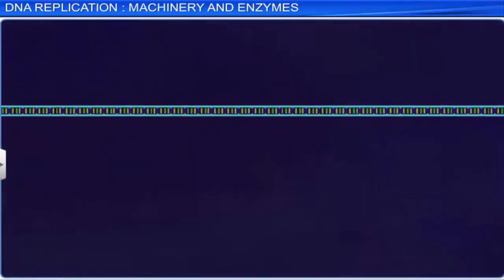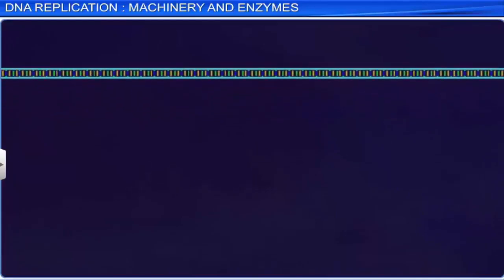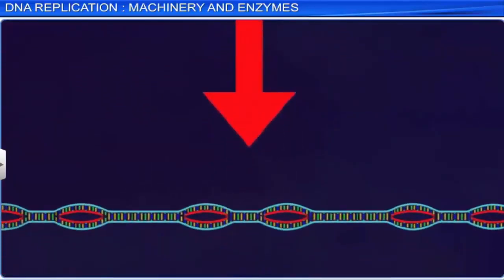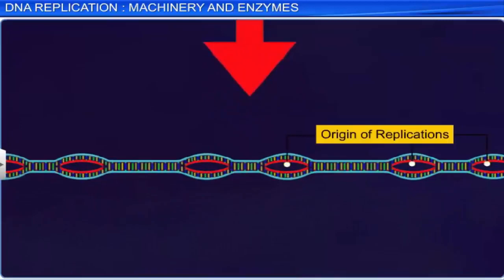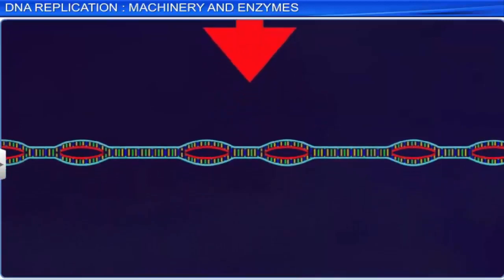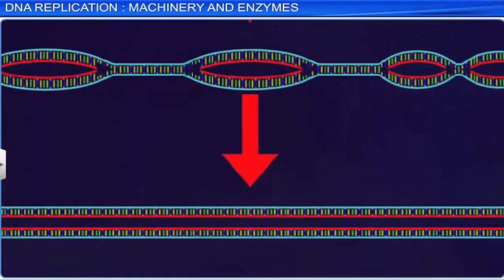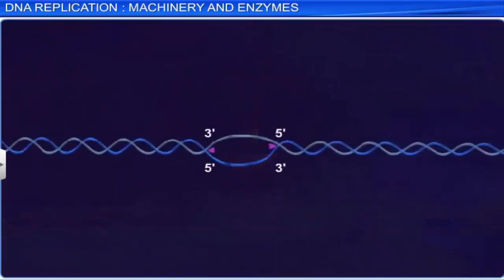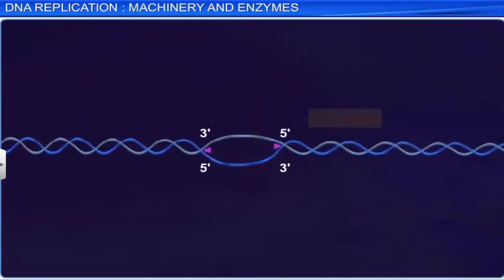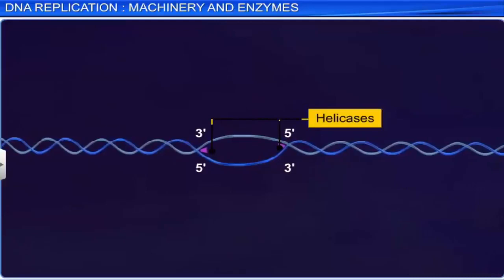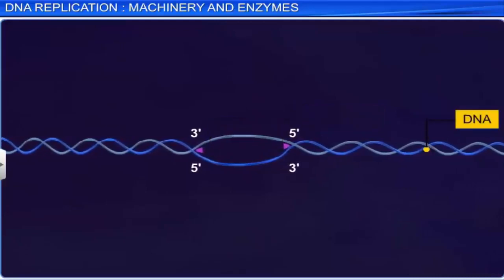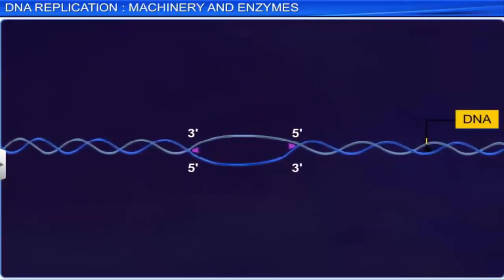In some cases, like eukaryotes with large DNA molecules, there may be many origins of replication that finally merge with one another. During replication, first the enzyme helicases unwind and uncoil the DNA double helix into single strands of DNA by the breakdown of hydrogen bonds.